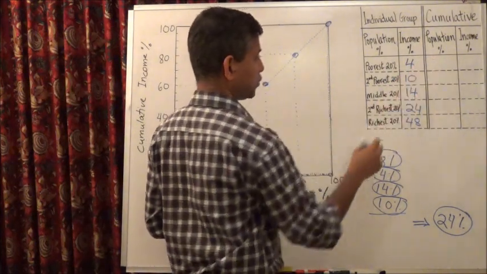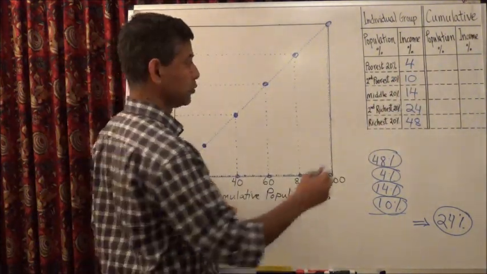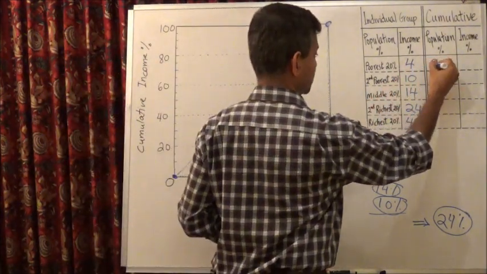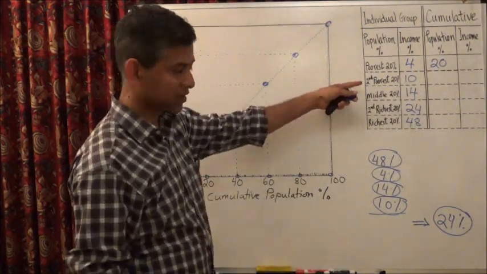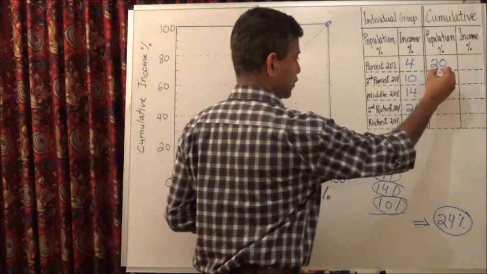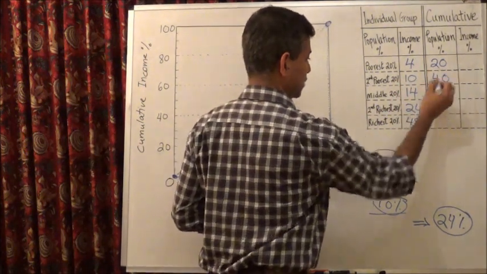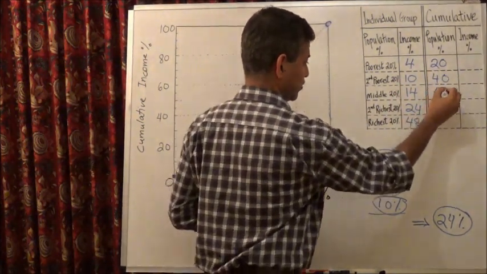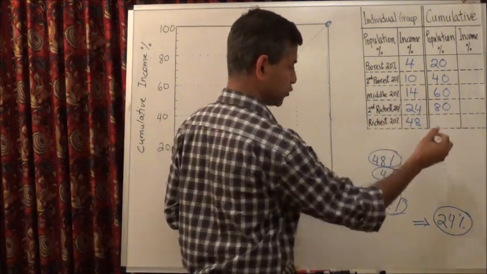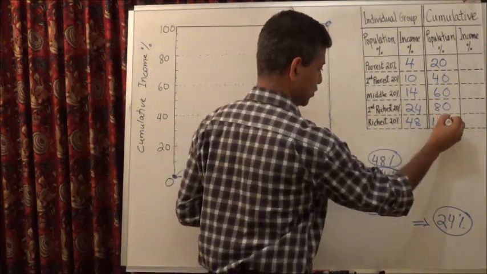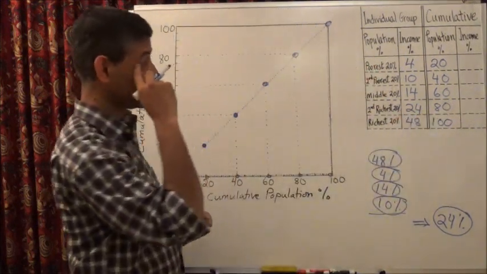When we have looked at only the first group, we will have seen 20% of the population. With the second group, 40%, and so on, 60, 80, and when we include the fifth group, we will have seen all of the population, 100%.